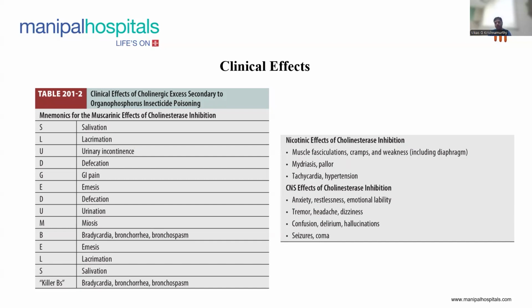The nicotinic effects are muscle fasciculation, cramps and weakness, mydriasis, pallor, and also tachycardia and hypertension. The CNS effects are anxiety, restlessness, tremors, headache, confusion, and in severe cases seizures and coma.